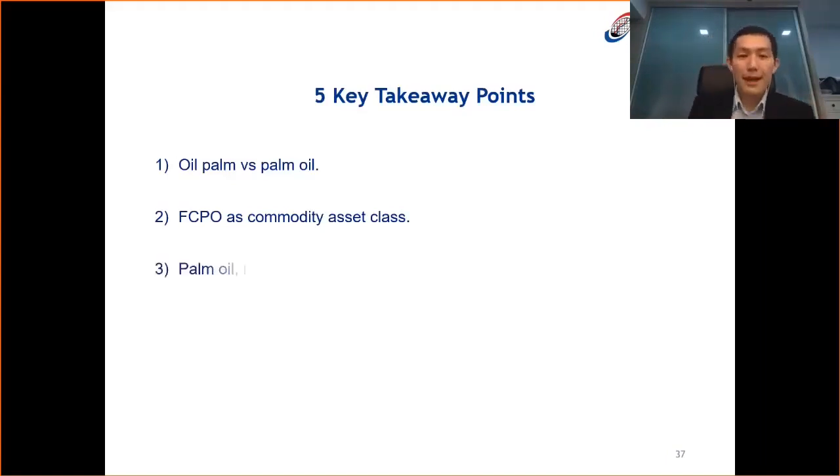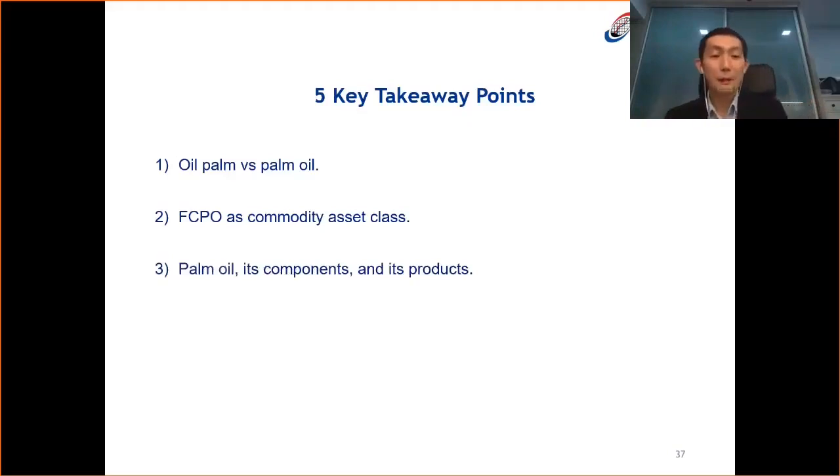And third thing is that you have already seen the palm oil and its components, as well as what other products that palm oil has. And we are actually just only trading crude palm oil. So other palm oil products, it is not important, and you do not need to spend your time too much on learning some other palm oil products, because those are very indirect factors that affect you.